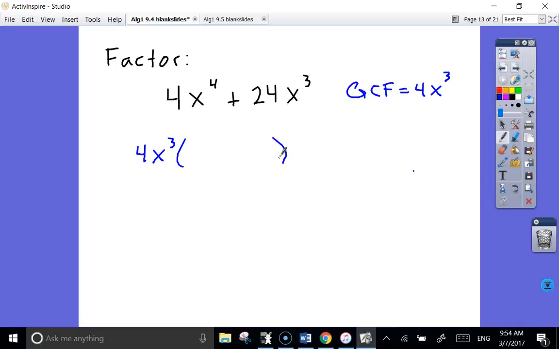If I take away 4x to the third from 24x to the third, what's left? What's 24 divided by 4? 6. Yeah, it's actually going to be a 6. Okay, what about the x to the third? You were taking them all out, right? So it should be x plus 6.